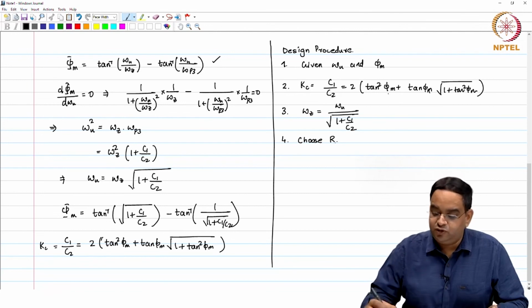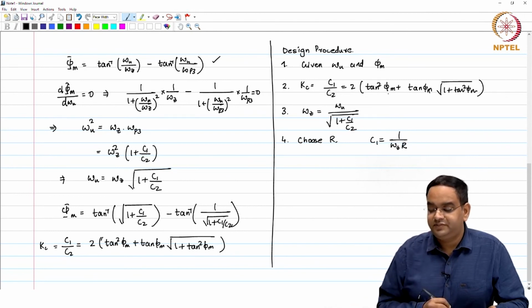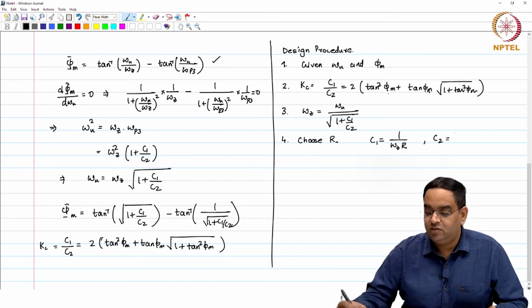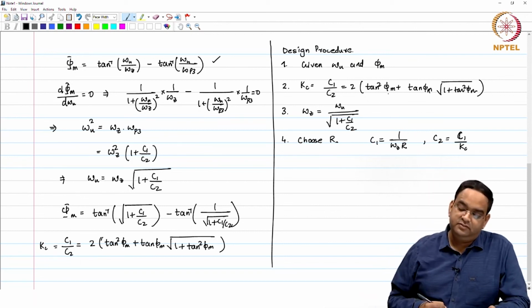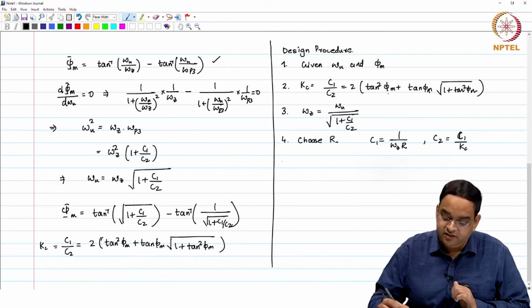Then once you know R, your C1 is equal to 1 by omega z times R. And C2 you know is nothing but C1 by K c, right. So, you made a choice over R, and you now know your C1 and C2.